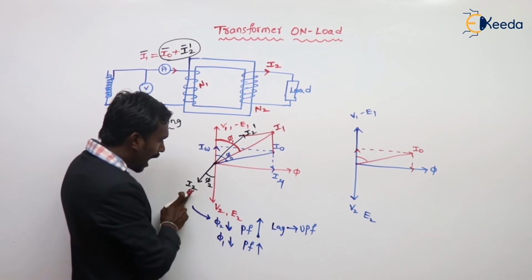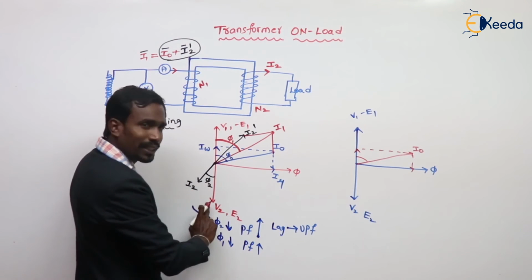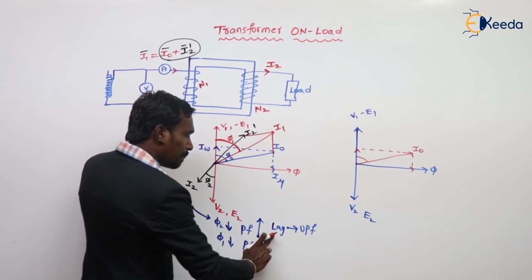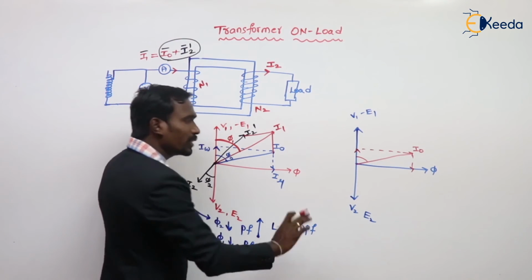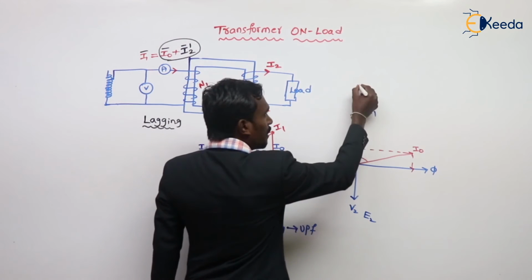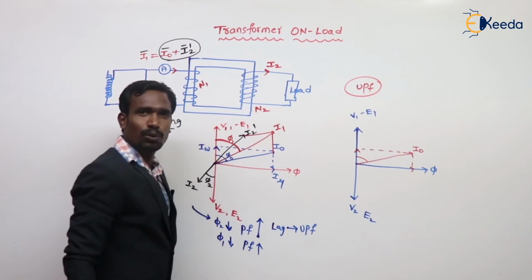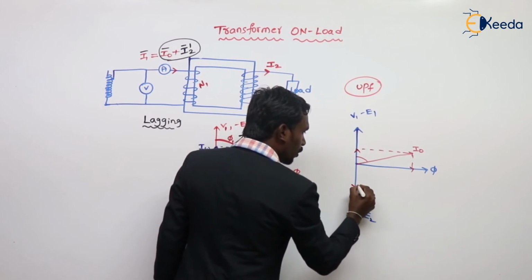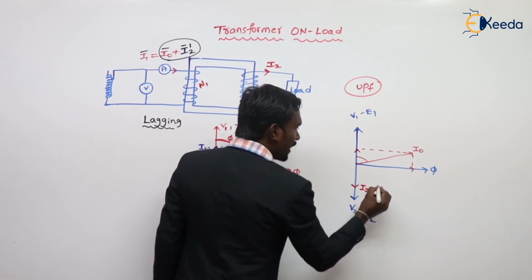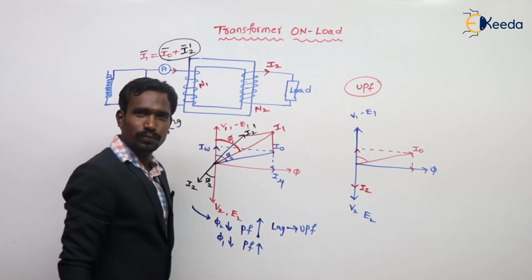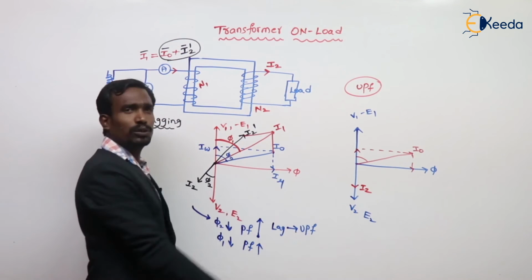I said if I2 is in this direction, the power factor goes from lagging to unity, for example unity power factor or pure resistive load. For pure resistive load, the current I2 is in phase with V2. This is my I2.